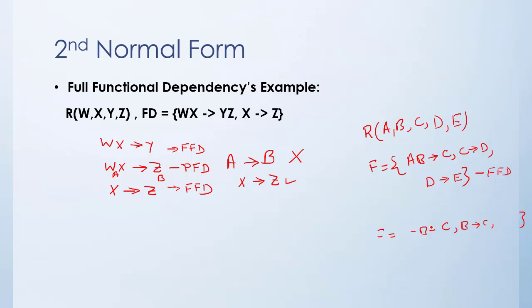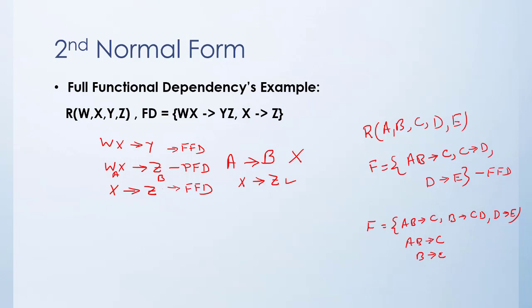Let us take another example where my relation R is on A, B, C, D, E, and here the functional dependency set F is given by AB determines C, B determines CD, and D determines E. Here you can see that using these functional dependencies, we can say that AB determines C and B determines C. Here we have used the decomposition rule of inference of functional dependency.